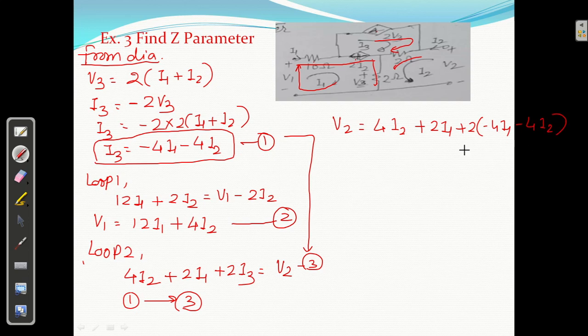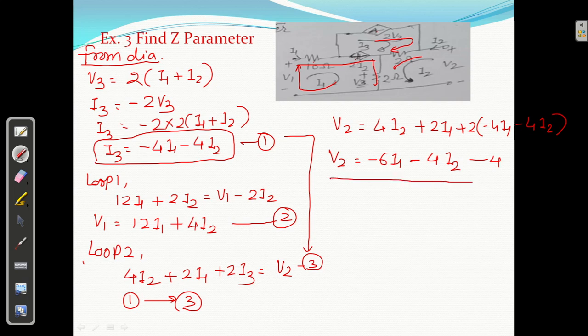Okay, so minus 8 I1 plus 2 I1, so V2 equal to minus 6 I1. Okay, and this is again minus 8 I2 and 4 I2, so minus 4 I2. Okay, equal to V2, equation number 4.